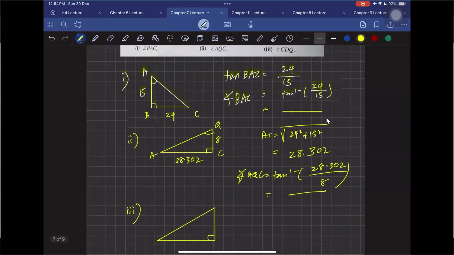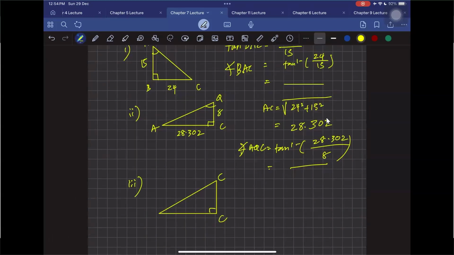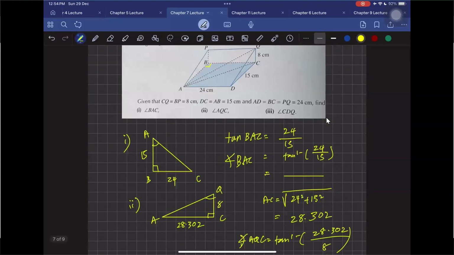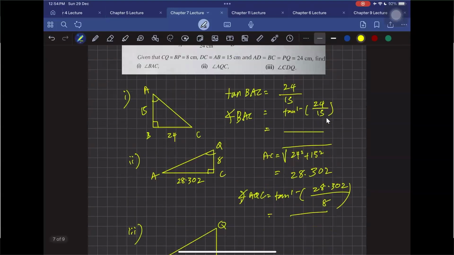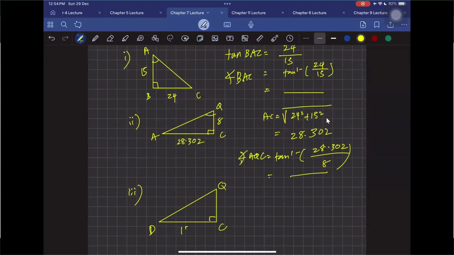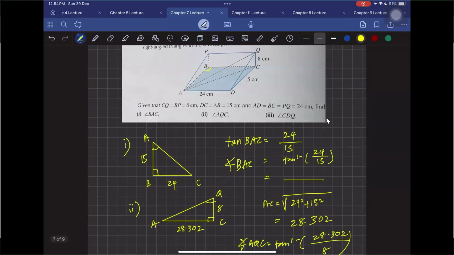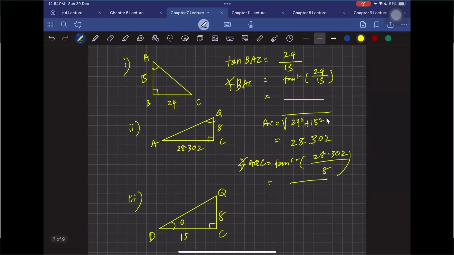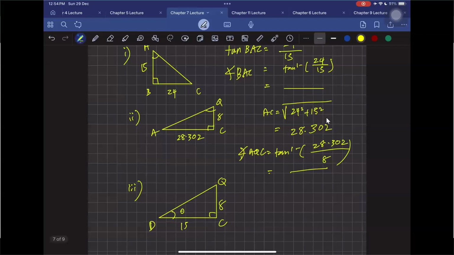C, 15, 8. CDQ. You're asked to find this angle. I'm not going to go through this part; just use your Trigo to find it out. Okay. So it should be tangent as well.